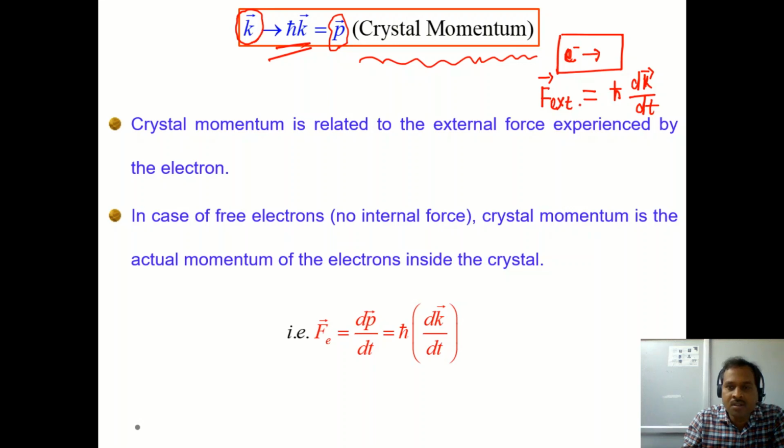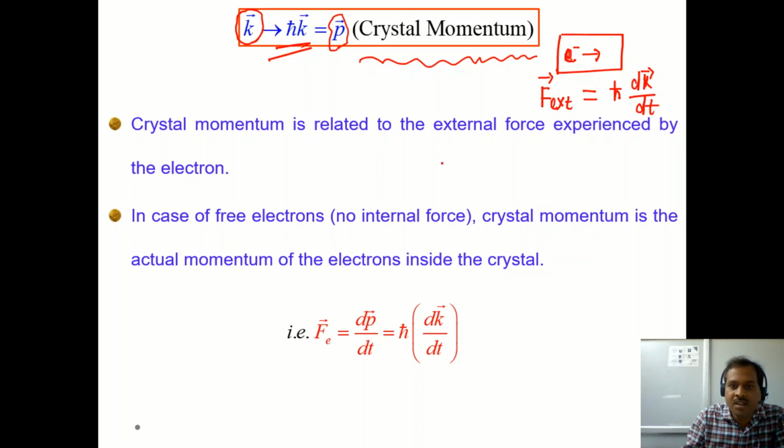Inside the solid, the electron is experiencing so many other internal forces, so it may not be the total momentum of the electron. It is only related with the external force applied to the electron.